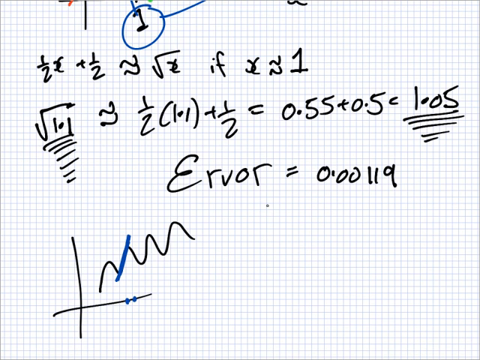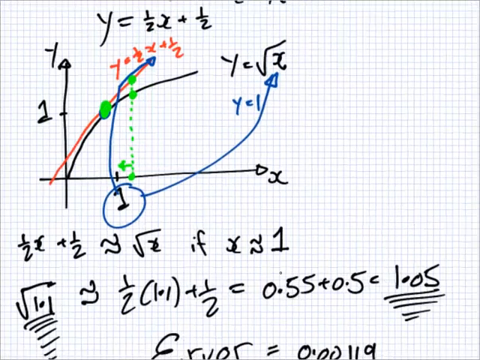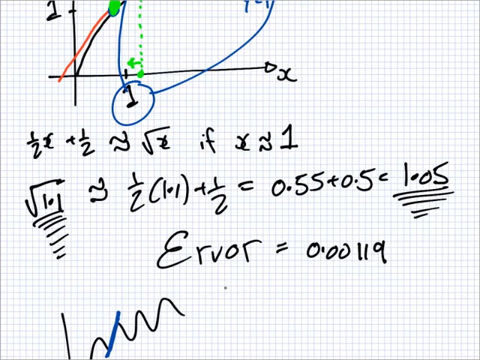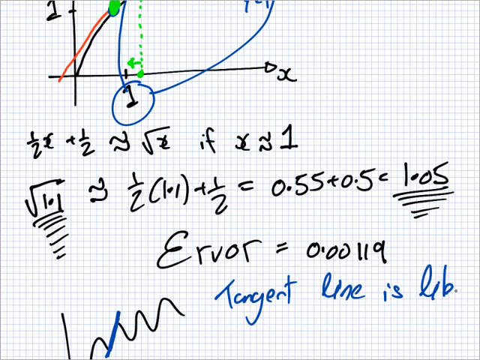So we actually call this, you can think of it as, a tangent line is like a linear approximation. So you replace a difficult function like square root x with a simpler linear function like a half x plus a half.